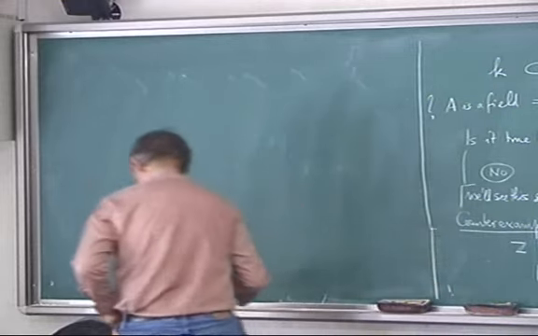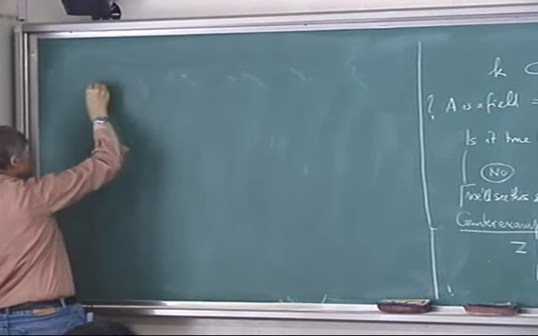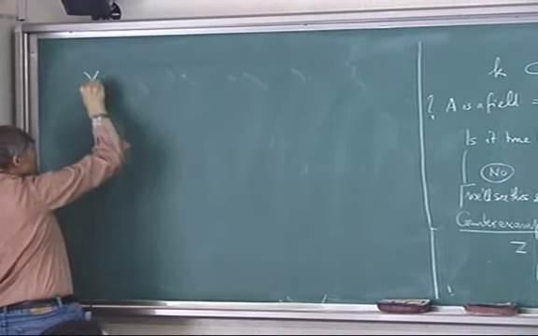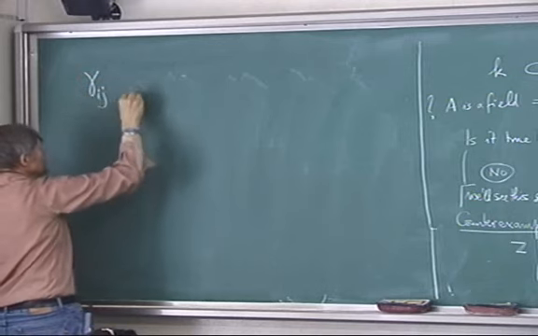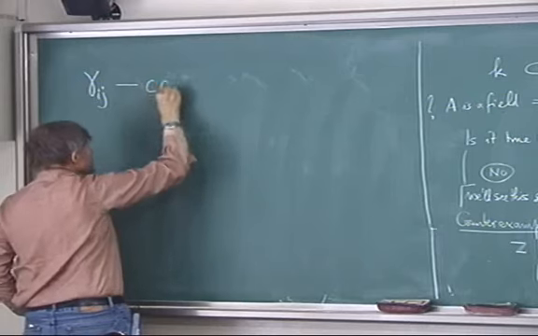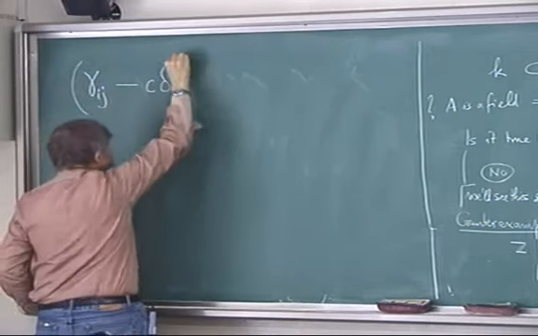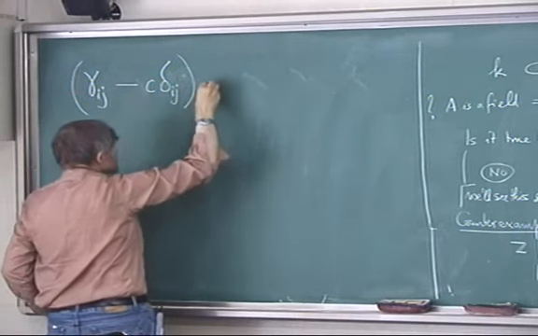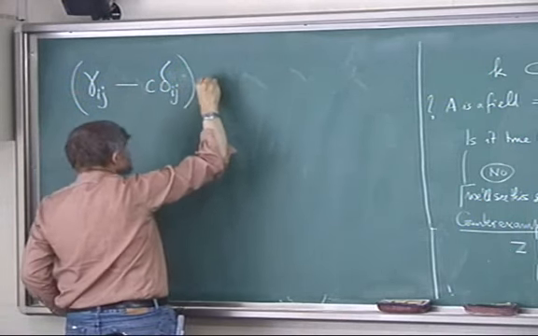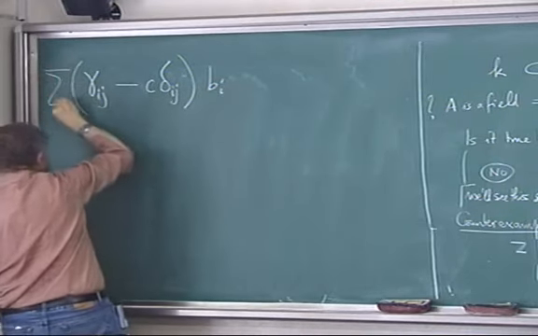So I said this is a determinantal trick. So I want to think of that equation as saying that gamma_ij minus c times delta_ij, times b_j, is 0.